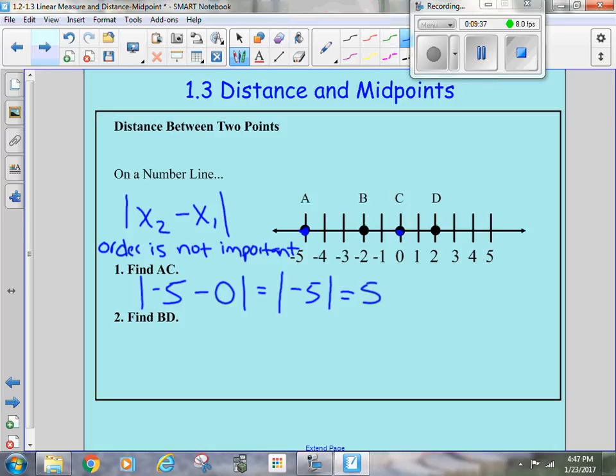Now we're going to find the distance from B to D. B is at -2 and D is at 2. So we get the absolute value of -2 minus 2 is the absolute value of -4, which is 4.